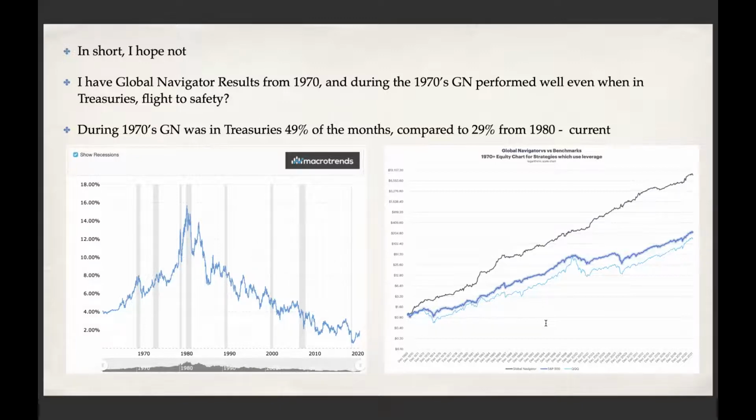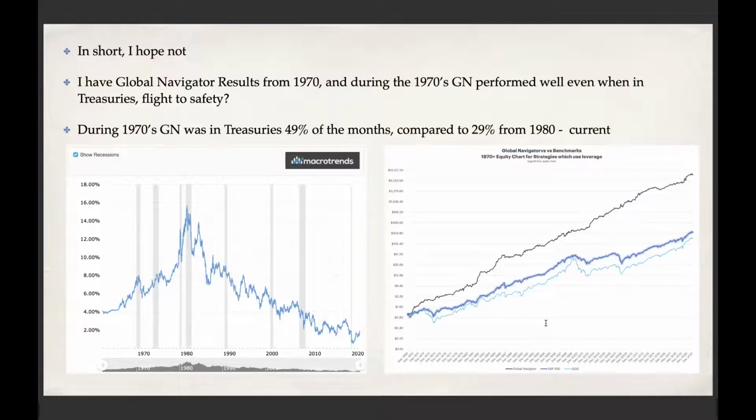And I happen to have Global Navigator results from 1970. If you look at this chart, maybe not the first year or so of that decade, but you can see definitely for the bulk of that decade, we had very much rising yields on treasuries.